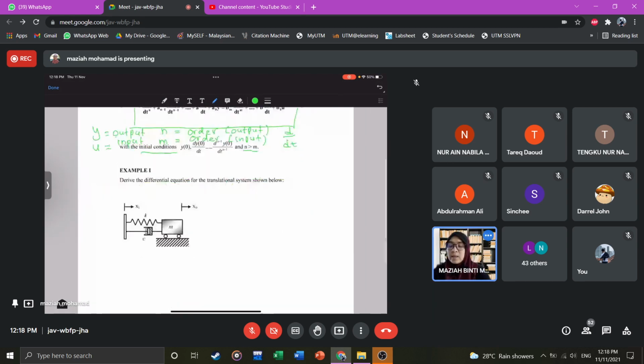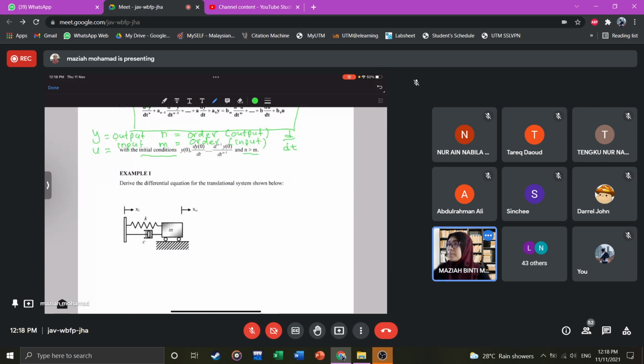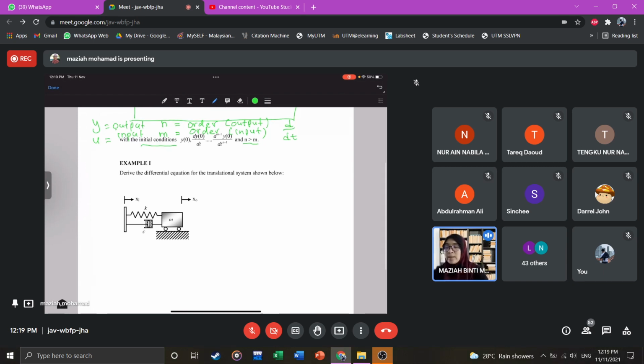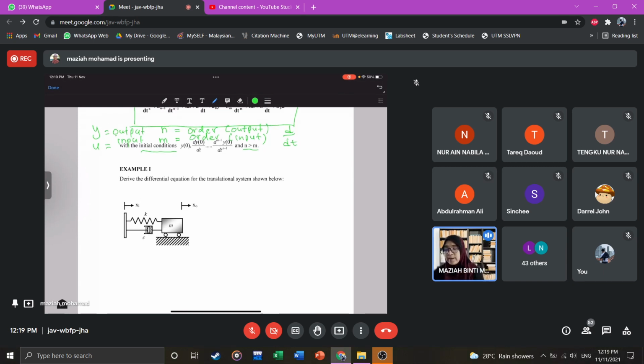Right. So let's see one example here. In this example, we're going to derive the differential equation for the translational system. Basically we just repeat what we have done in chapter 1, but instead of drawing a block diagram, we're going to put the equation in terms of ODE.